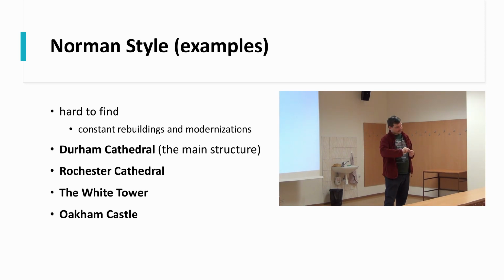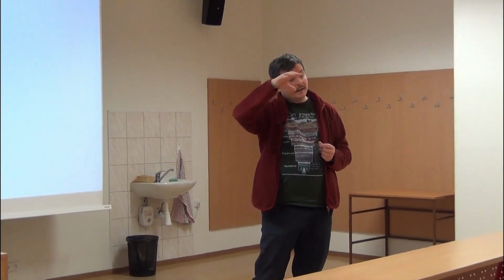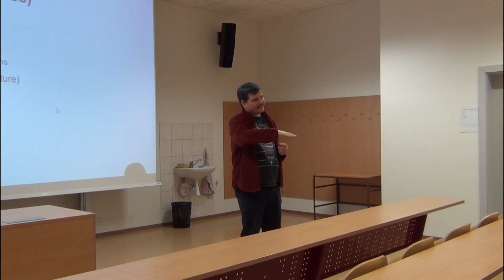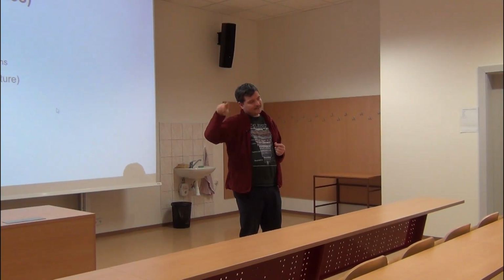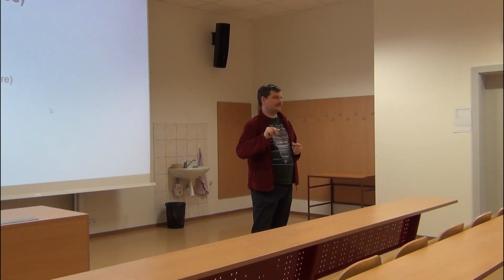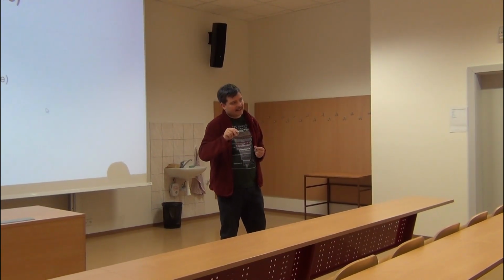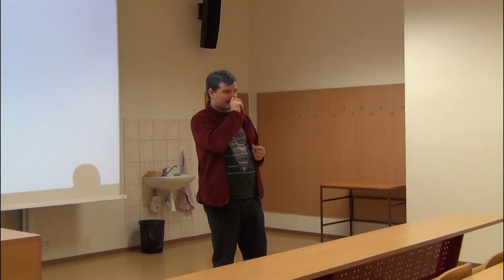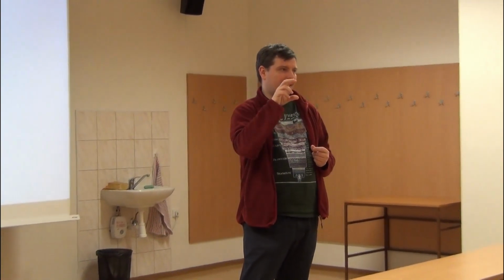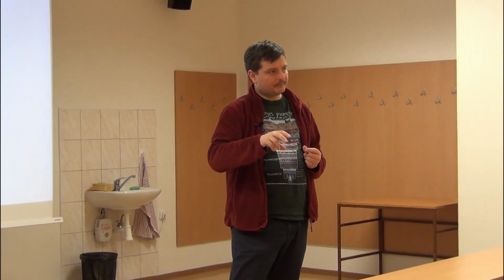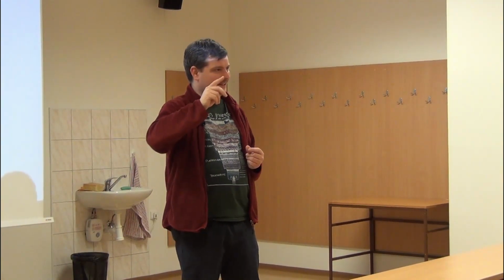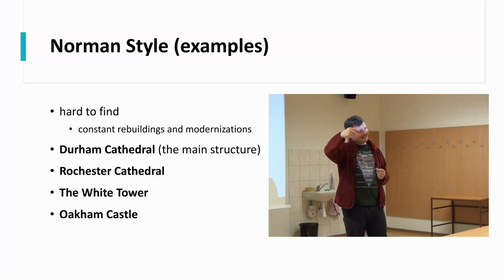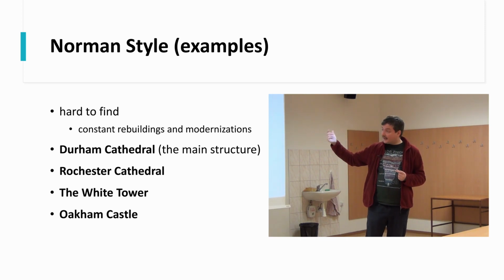Now this is one reason why this happened, and this is probably the main reason. But at least in terms of rebuilding Norman churches into Gothic churches, which would be the next style, there is one more reason. I just said a few minutes ago that early Norman churches had wooden roofs, not stone vaults like the Gothic ones.